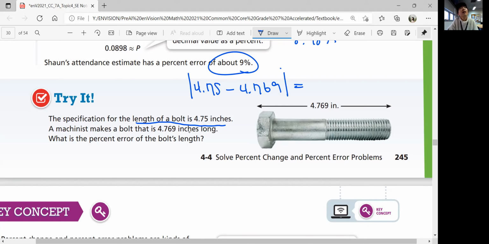That's going to be a positive number because we want a positive percent error. If you subtract that, you get negative 0.019, absolute value is positive 0.019.